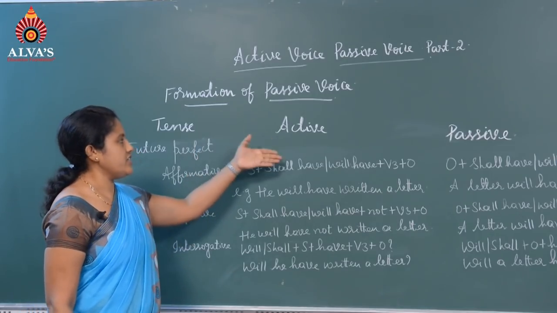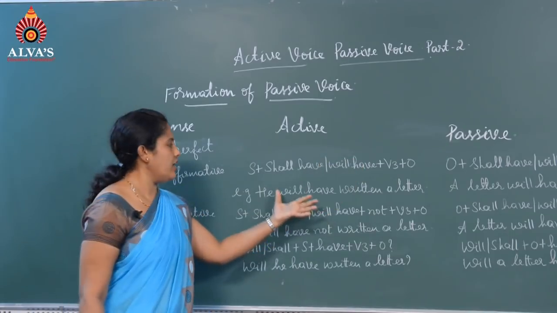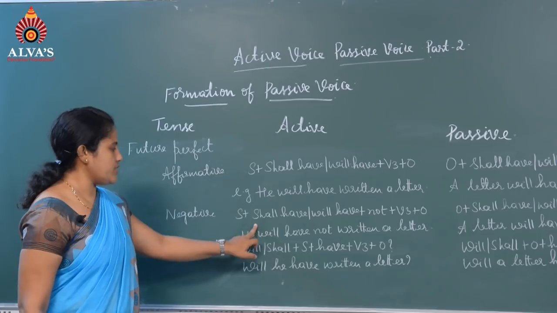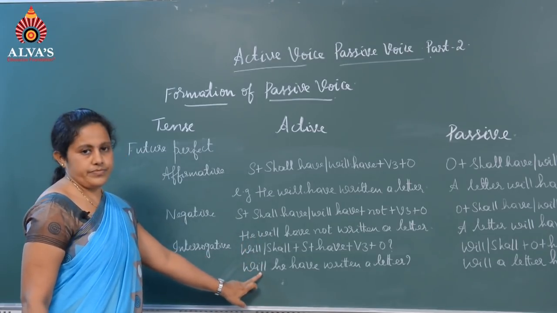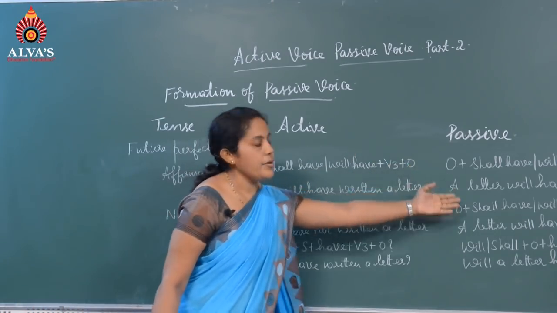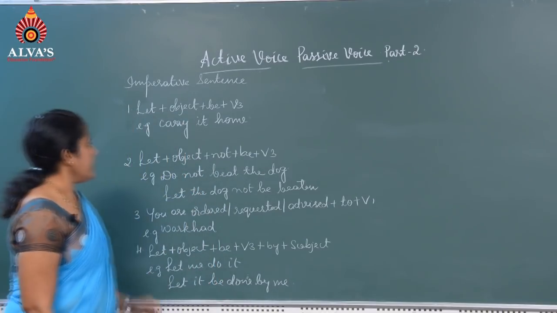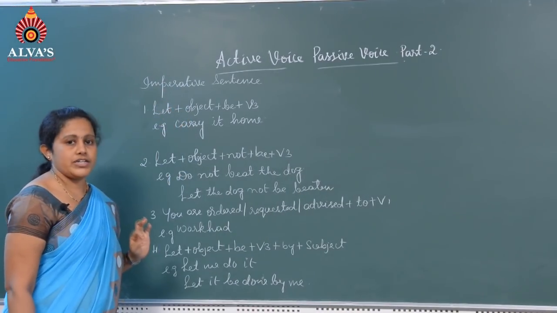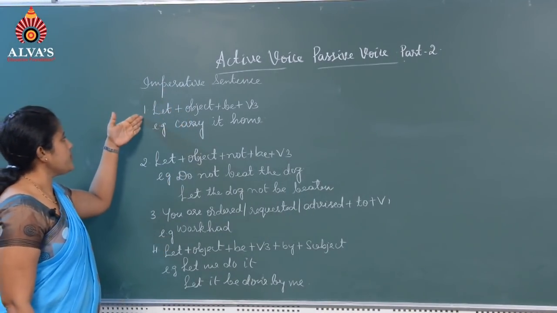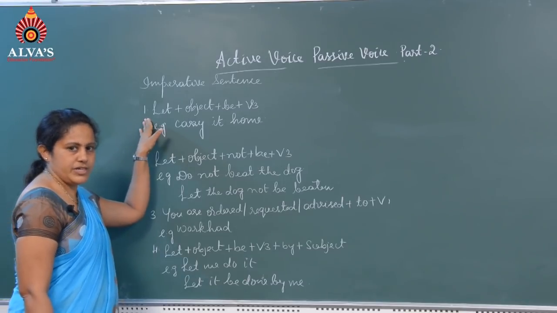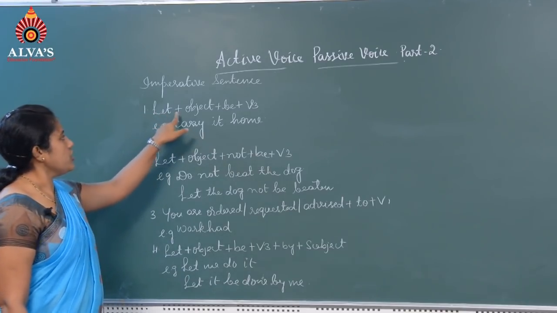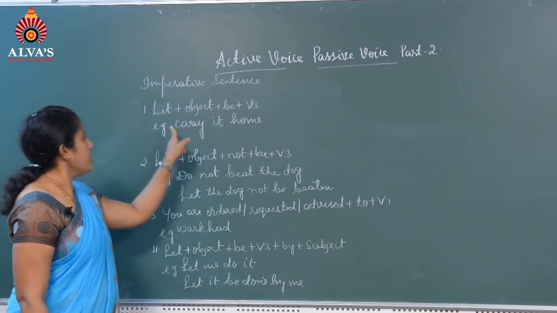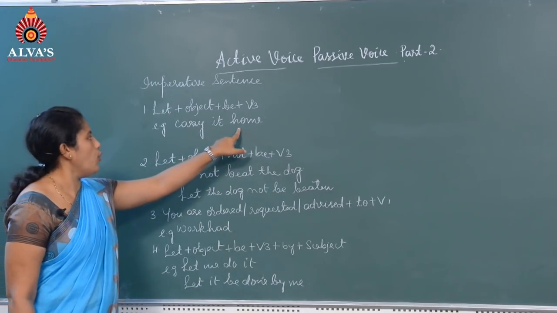And what are the changes from active to passive? You can see here, this is the affirmative sentence formula. Here it is a negative sentence, interrogative, active voice. So, here it is a passive voice. Now, let us see imperative sentence, how we can change from active to passive. Here it is the first formula. If the sentence is affirmative sentence, let object plus be plus V3. For example, carry it home.